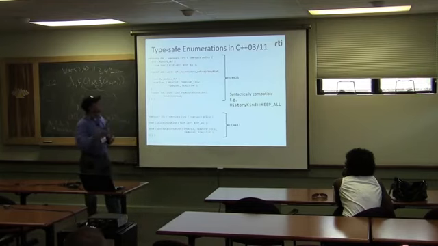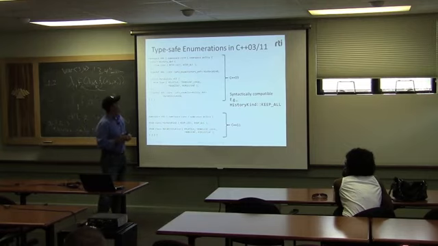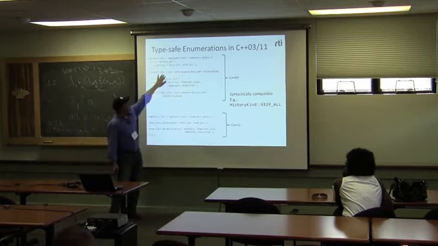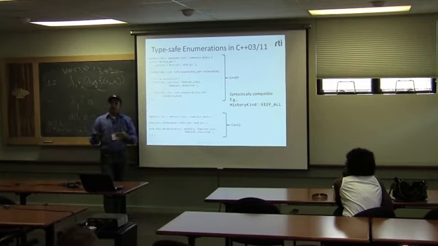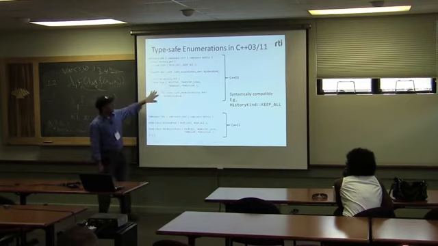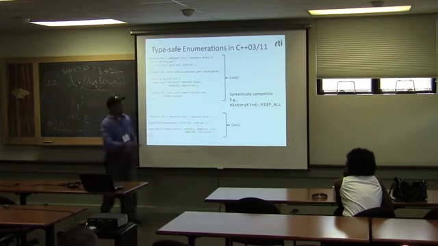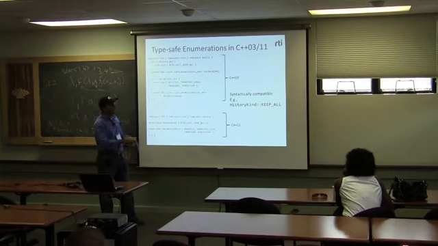Maybe I'm jumping too ahead, but the idea is for each enumeration, you create a different type by instantiating this, and you also provide comparison operators, equal to, not equal to, all that stuff. And the result of that is syntax compatible typed enumerations.